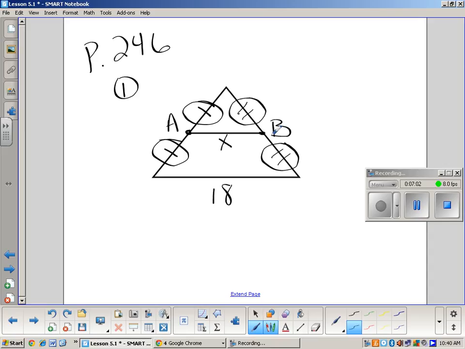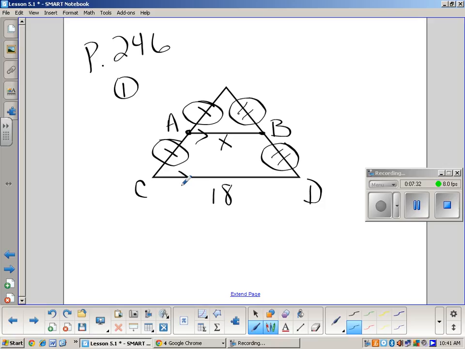So what's one of the 2 things we know about segment A to B, and we'll just call this C and D? What's one thing we know about A and B and C and D? They're parallel. That's correct. Now, that may help us down the road, so we have to keep remembering that.